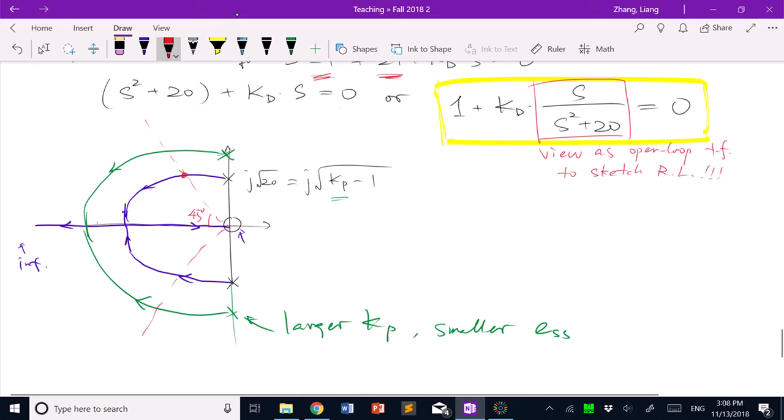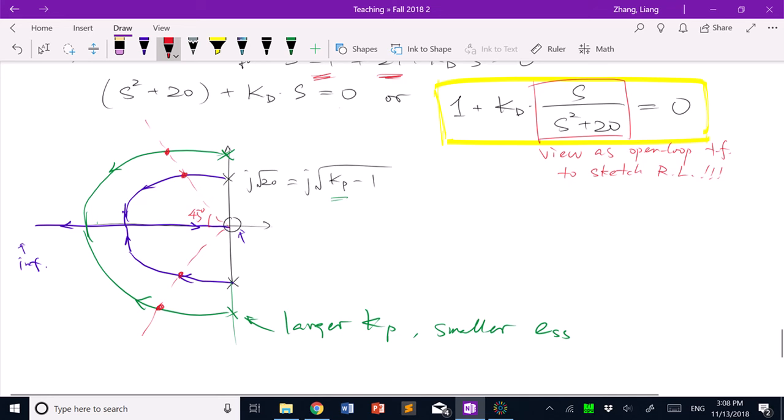I find this intersection here, this intersection here, or if a larger KP will be here and here. And now I can plug in the rules in order to find the KD involved. And then from there I can figure out the parameter of the transfer function, the parameter of the controller that I'm using to design it.